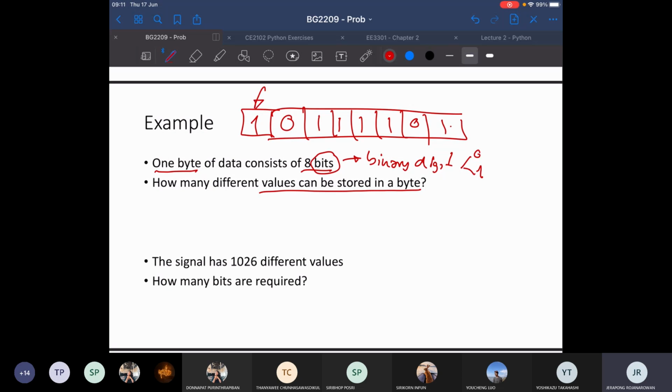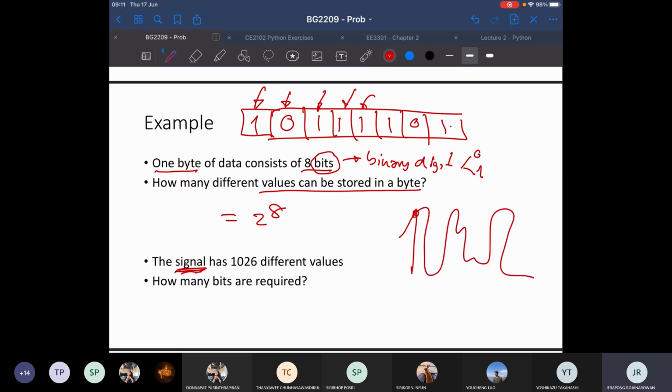You can see that on each one you have two choices, right? 0 or 1, right? So in this case, it's going to be 2 to the power 8. However, if you have a signal that you want to encode, suppose you have the music, right? Like this, you want to encode this signal at this value, right?